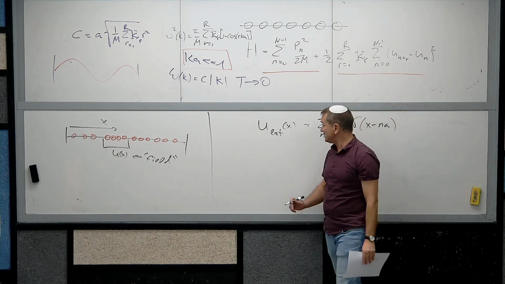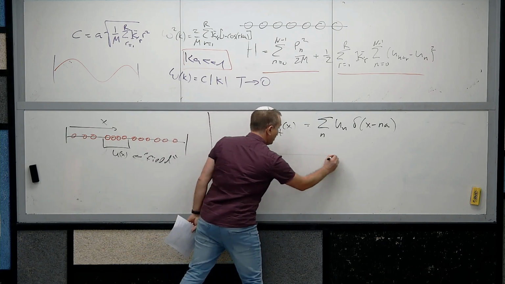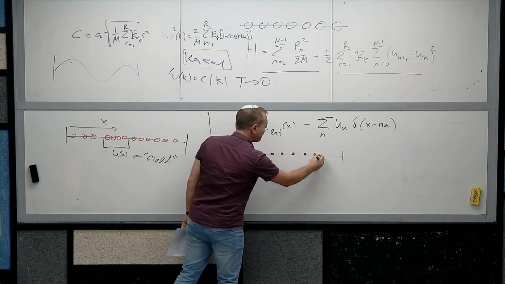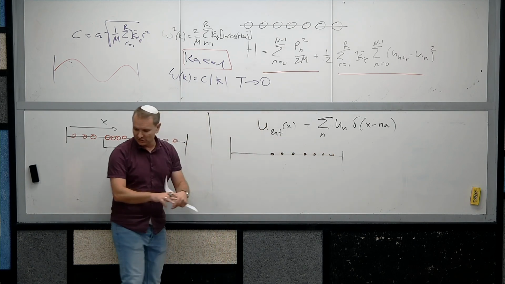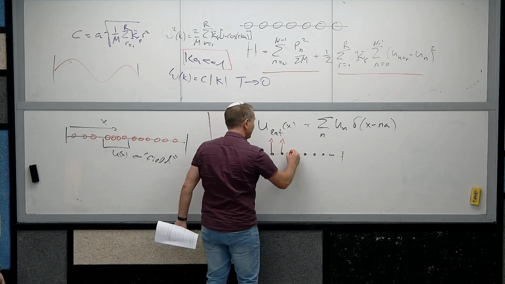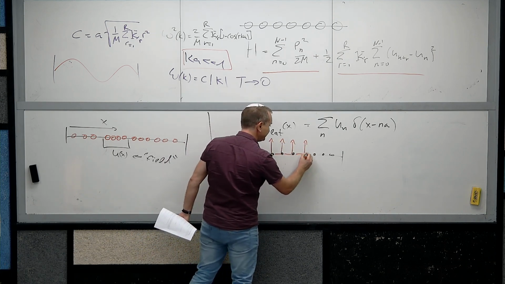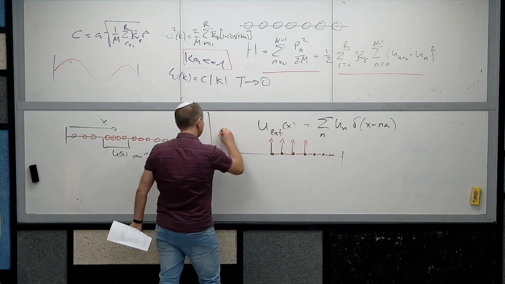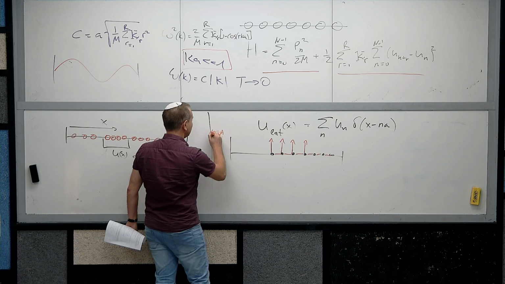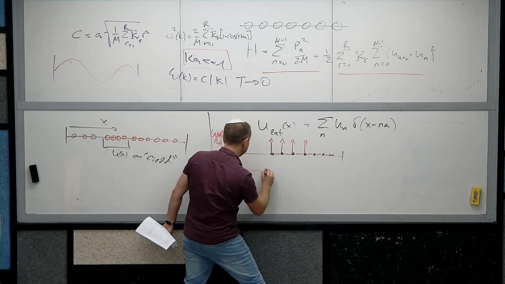So for each lattice spacing, if there is a particle, I have a delta contribution. If there is no particle, I have 0. This is U lattice of x as a function of x.